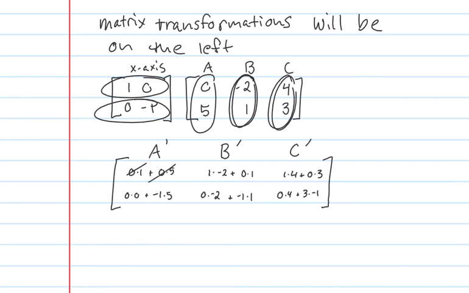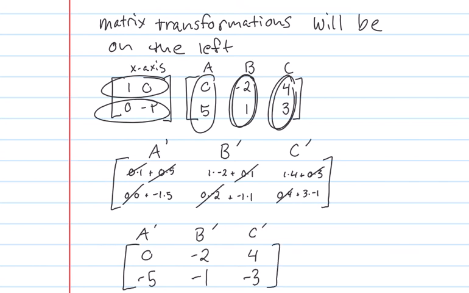Alright, those pieces go to 0, so A prime is going to end up being 0, negative 5. B prime is going to be negative 2, negative 1. And C prime is going to be 4, negative 3.